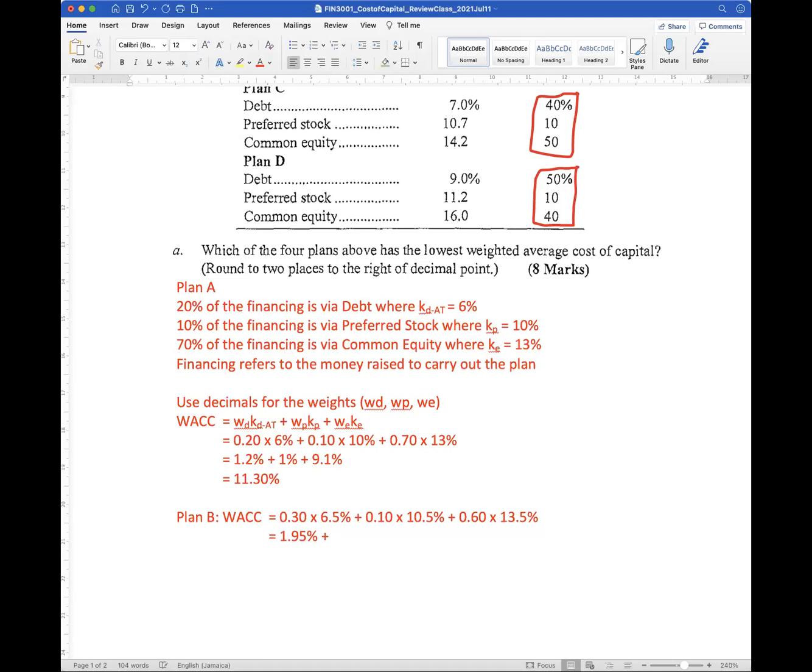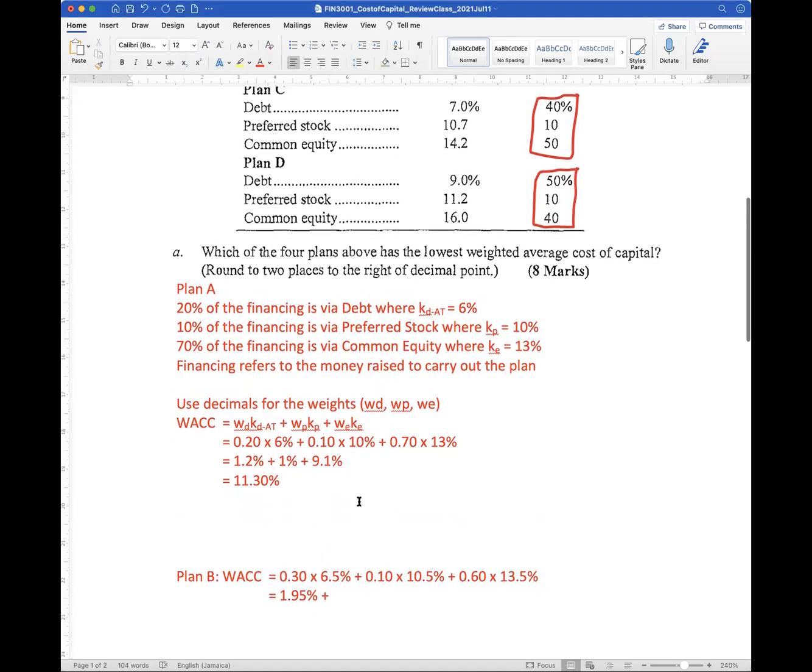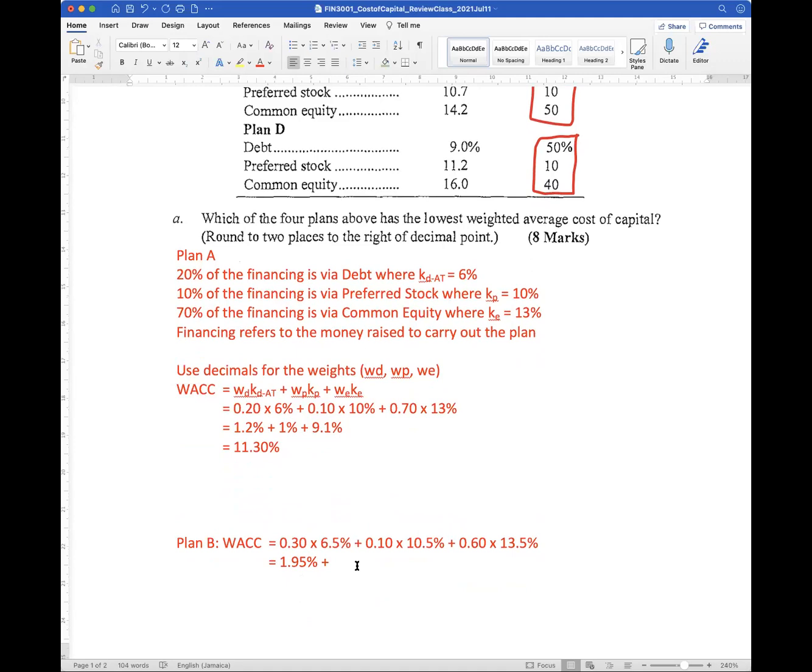All right, plus 1.05, sorry, 1.05, plus 8.1. 8.1 flat.